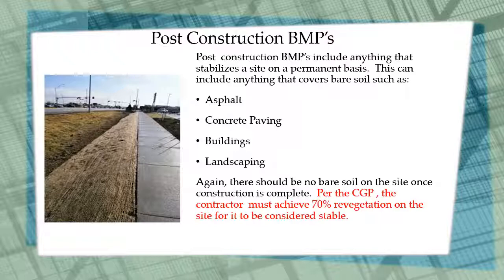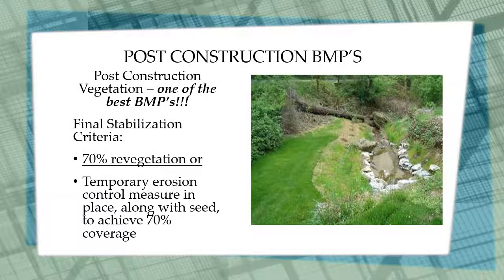Per the construction general permit, the contractor must achieve 70% revegetation for the site to be considered stable. Remind your contractor during the construction project that one of the best BMPs they can use is achieving final stabilization through revegetation.